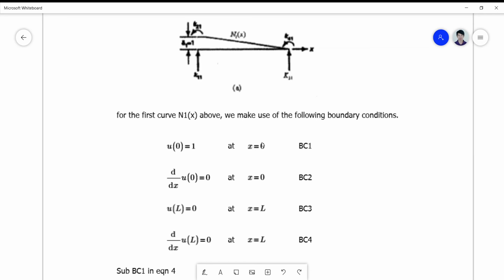Okay, so these are the boundary conditions for your first curve n1x, which is actually an approximation of your shape function here.